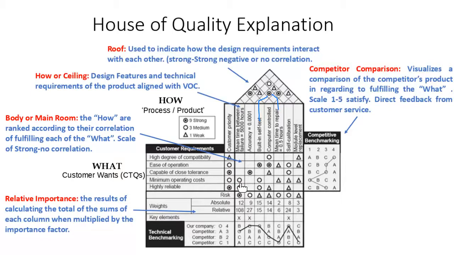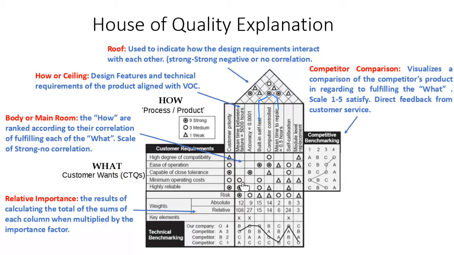Okay, now how do we calculate the relative? You see the number 108, and also you see the absolute, that is 12, and you see the risk is strong. So how do we identify these values? We have to multiply the value of the feature here, that is the symbol that we use.